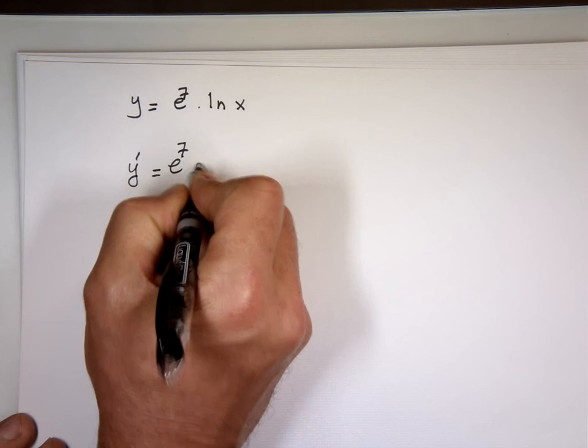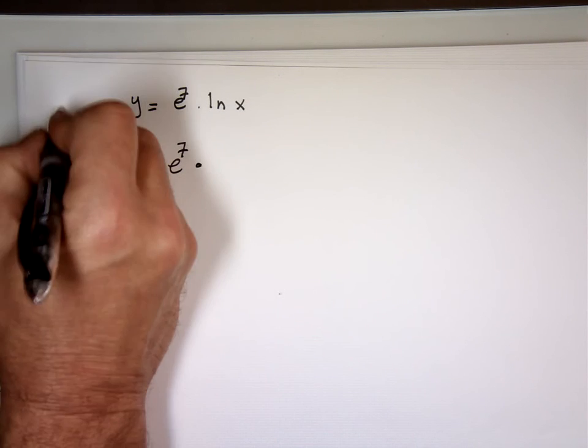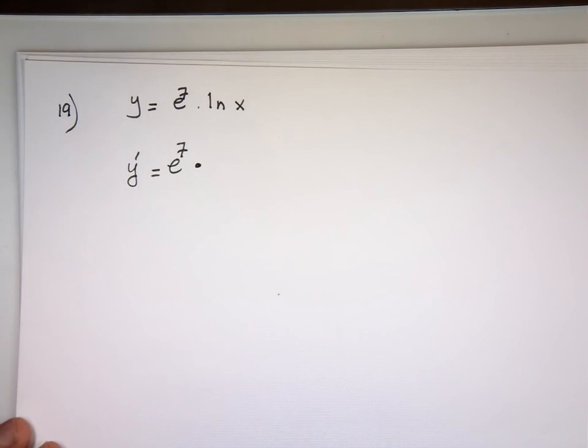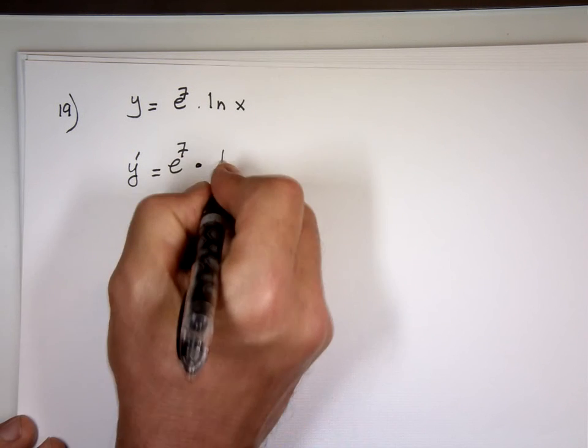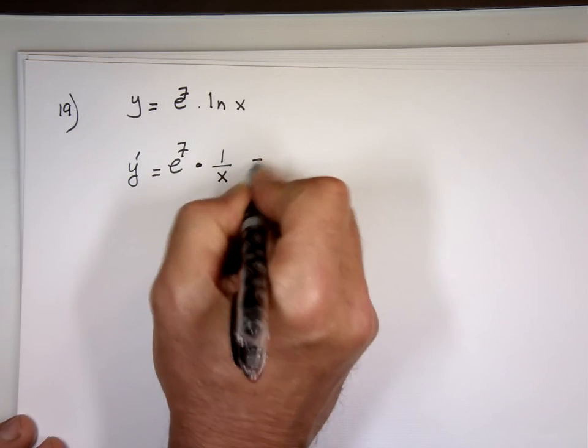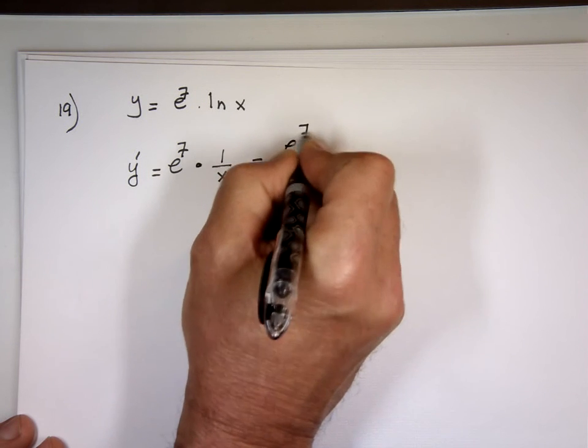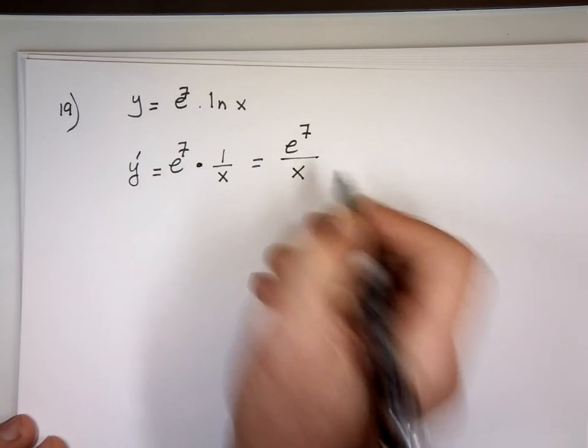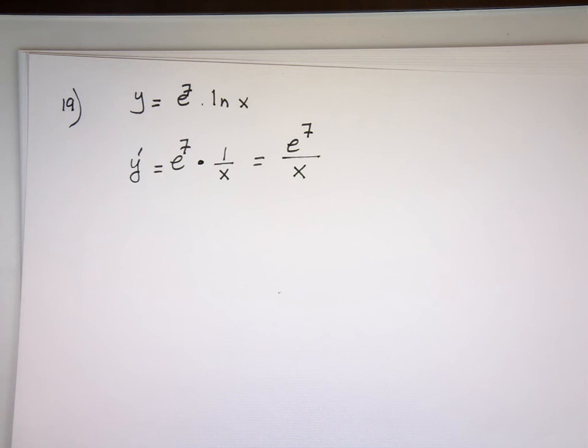That's number 19. What's the derivative of the natural log of x? 1 over x. E to the 7 over x. Done. I like this problem. I was thinking of the product rule, but I realized there's actually no x's on e to the 7.